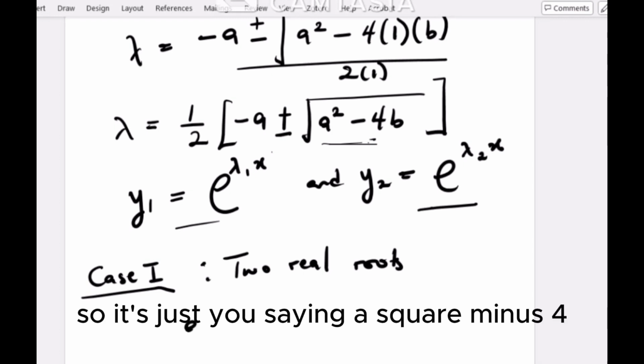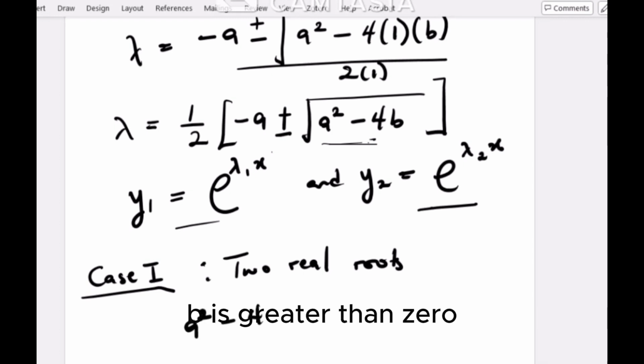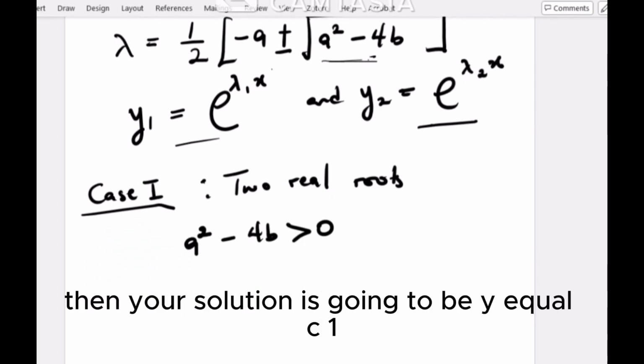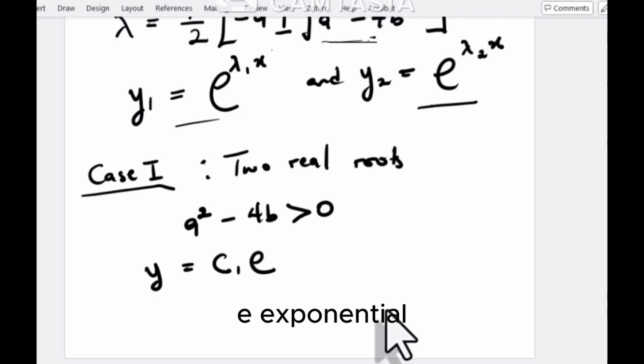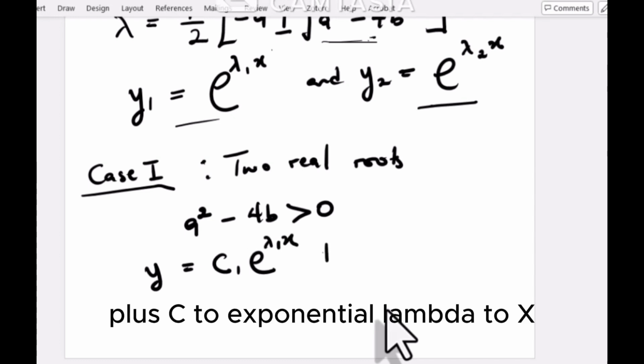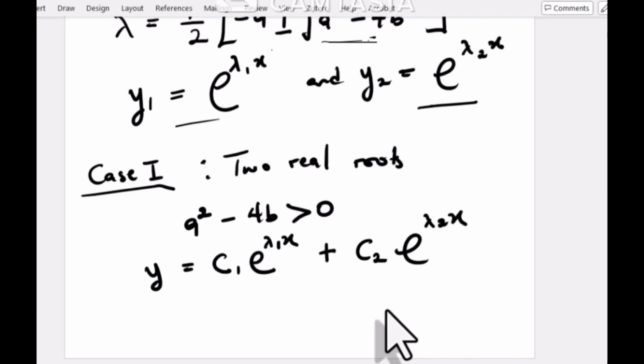Then your solution is going to be y = c1 e^(lambda 1 x) + c2 e^(lambda 2 x).